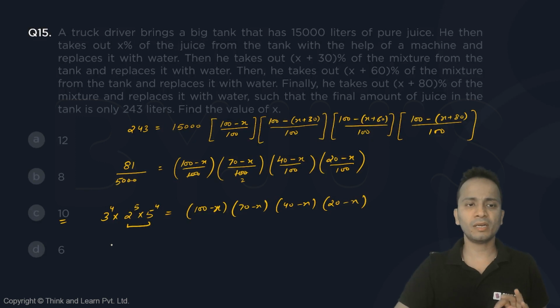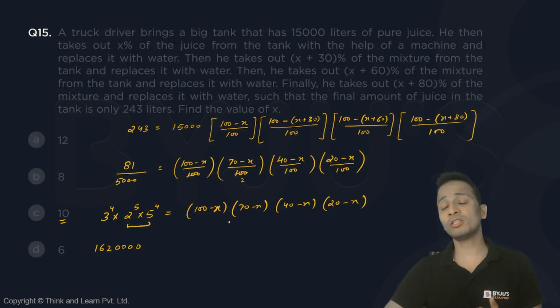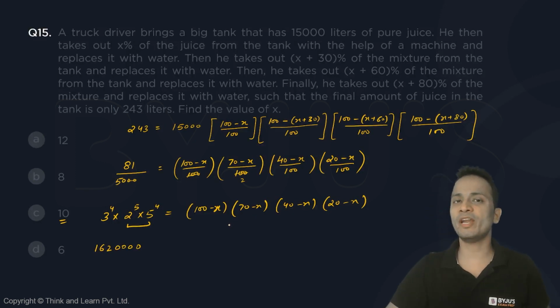Now this number is basically 162 followed by 4 zeros. Okay, so on the left hand side, if the number is ending with 4 zeros, then on the right hand side, the number should also end with 4 zeros. Okay, now if I put 12 as the value of x, I'll get 88 multiplied by 58 multiplied by 28 multiplied by 8.